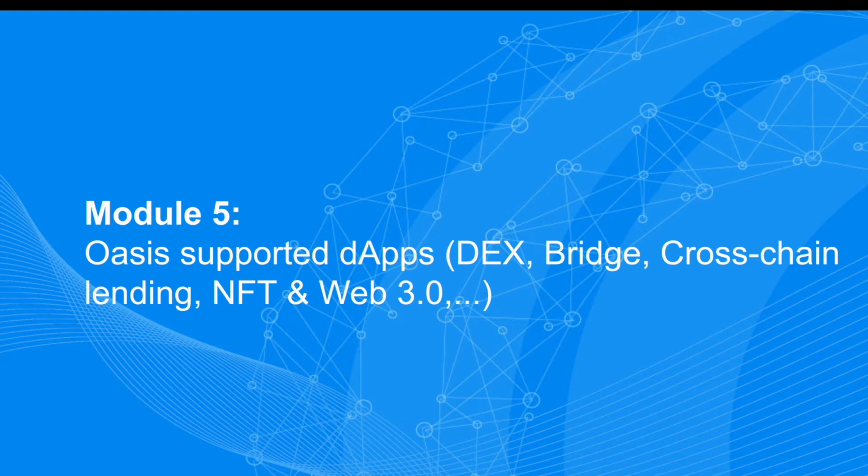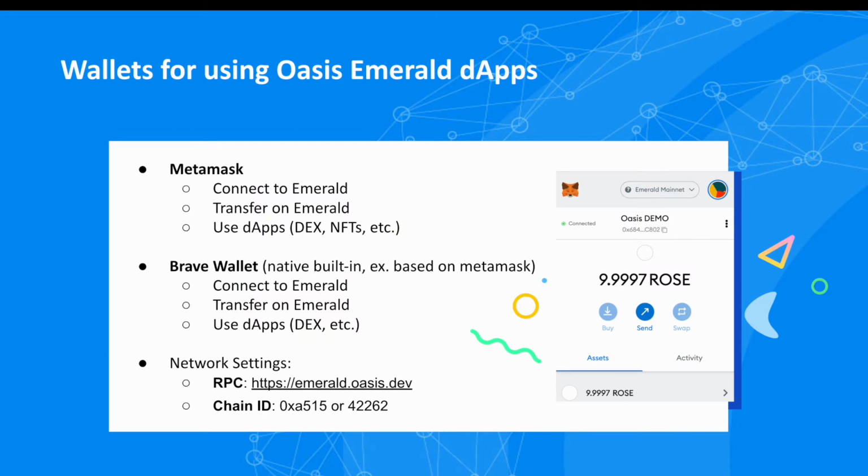Let me begin with the first slide, which is important because the wallets that are used for our Emerald paradigm are not official wallets, but actually the most popular one, which is MetaMask. So if you want to use the Emerald paradigm or Emerald dApps, you will have to configure your MetaMask with the Emerald mainnet or even the Emerald testnet.